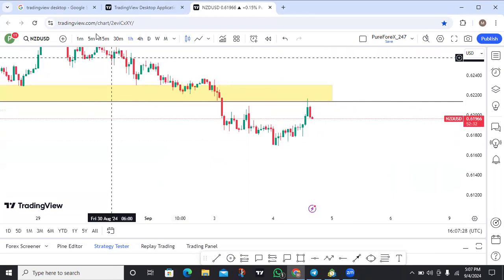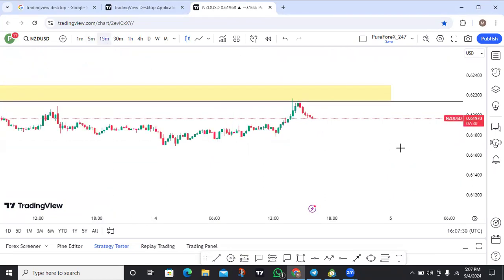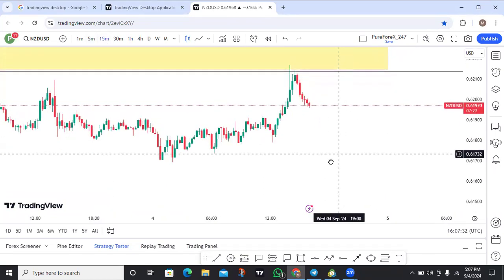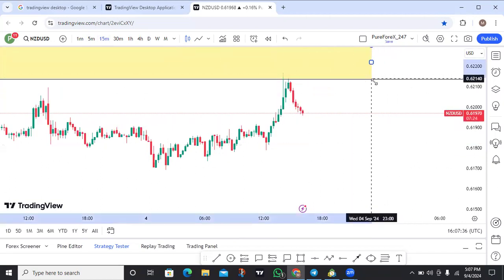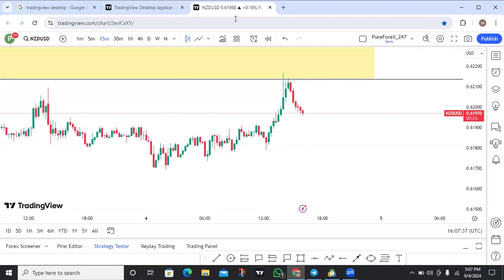I can also wait for a setup confirmation on the M15 time frame. I want to see a confirmation on the M15 time frame, which means I want to see a mini setup here on the M15 time frame. It could be a manipulation entry formula. It could be any setup here on the M15 time frame. But if you enter, because it is news that moved the market all the way to this point, then you are safe already.